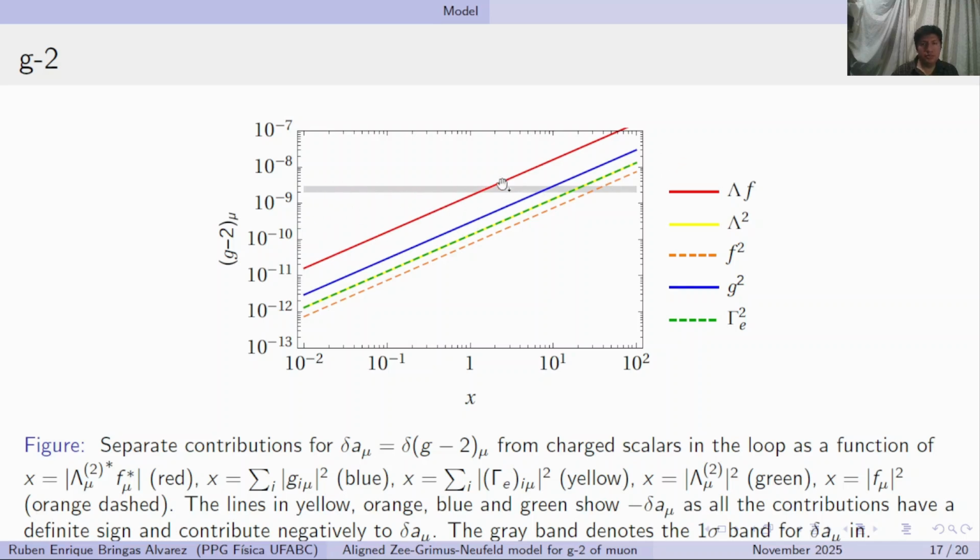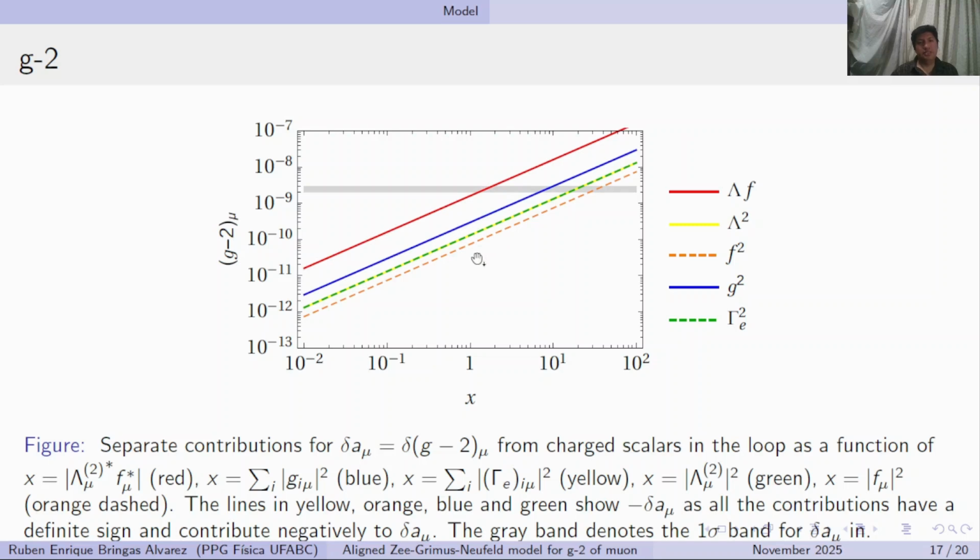That's something we want to achieve. This red line is what we call chiral enhanced, and it has the bigger contribution. The other lines have less contribution, but it's enough with the chiral enhancement.